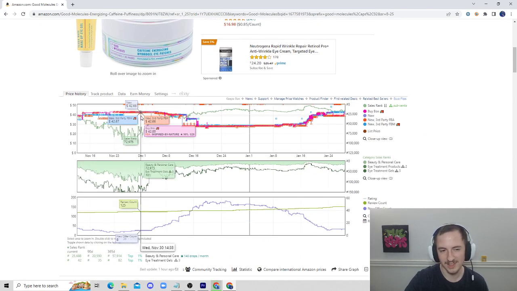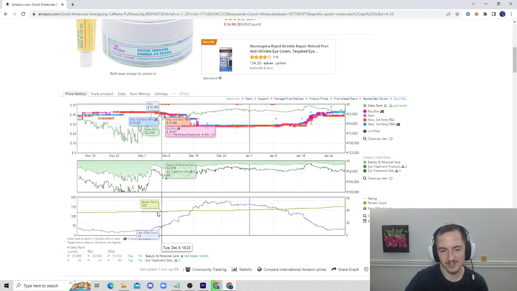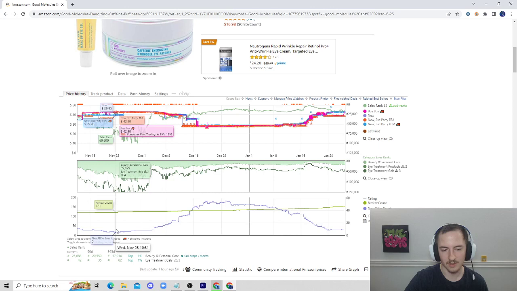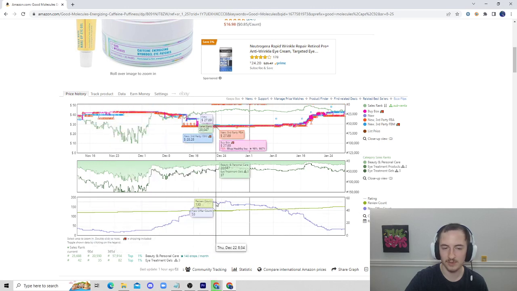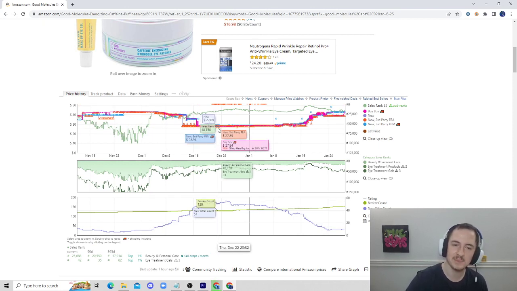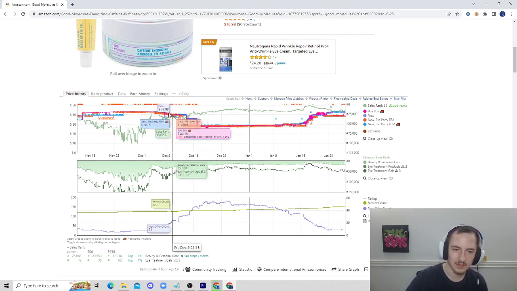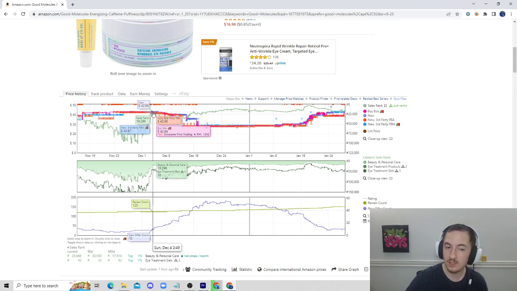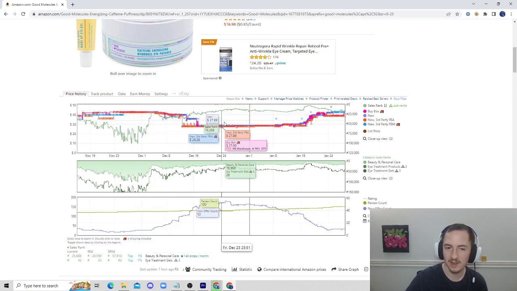But then you can see here the leads list published this out, and it went from 5 sellers all the way up to 53 sellers. So it over 10x'd, and then you can see the price absolutely tanked. It went from $42.84 all the way down to $27.89, which is terrible.